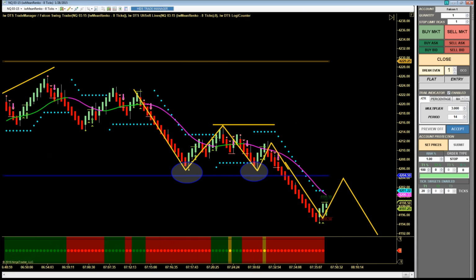So we've broken this primary support area. Now we're going to look for this reaction, right? We're on the alert for this part and a possible failure and another chance to sell.